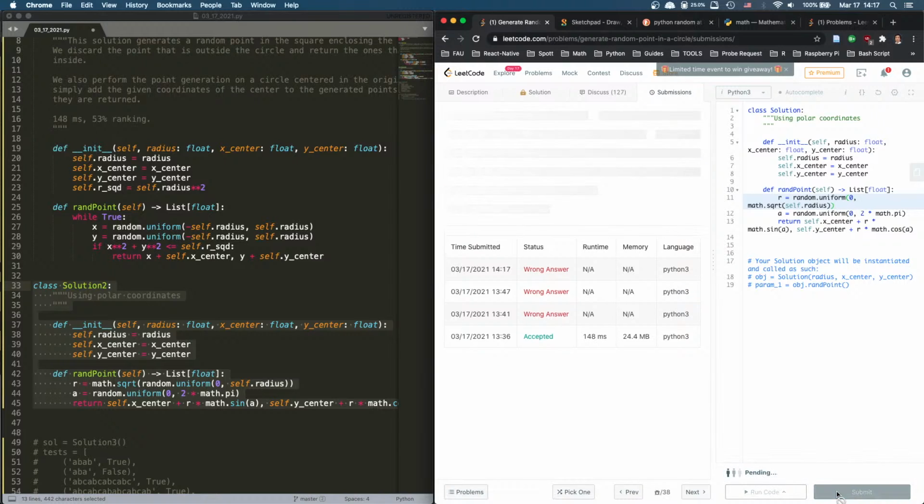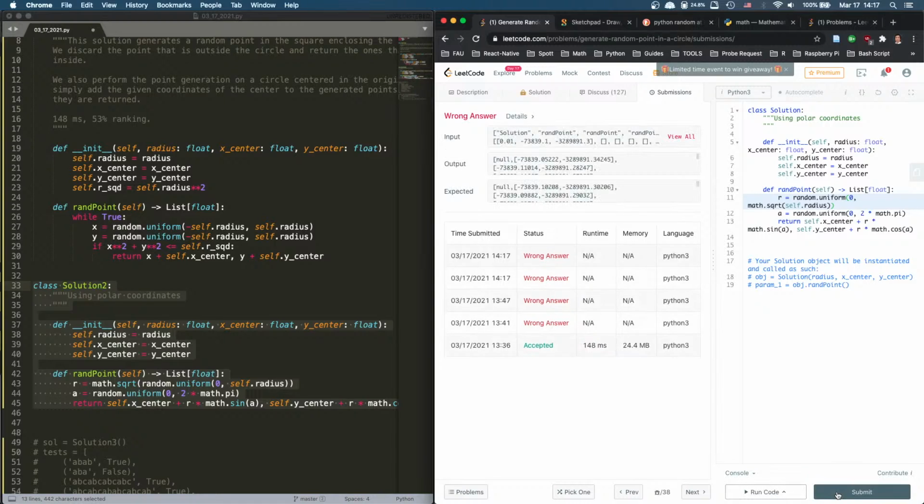This one shall be right. This one is still not right. Oh my goodness. SQRT on the radius is also not right. How so? Isn't that the solution?